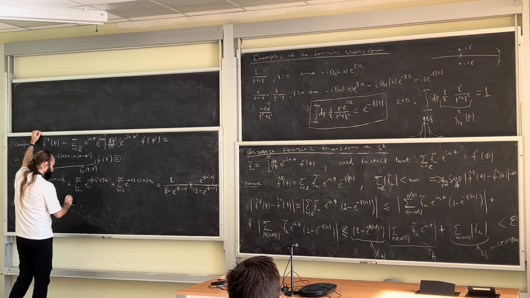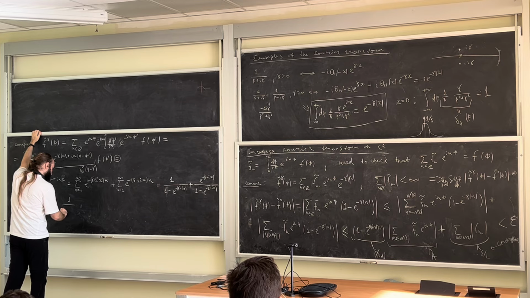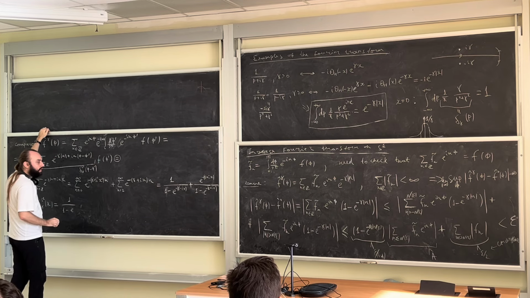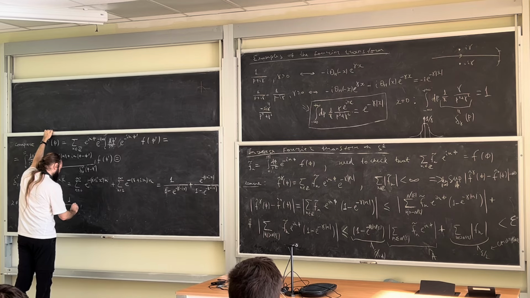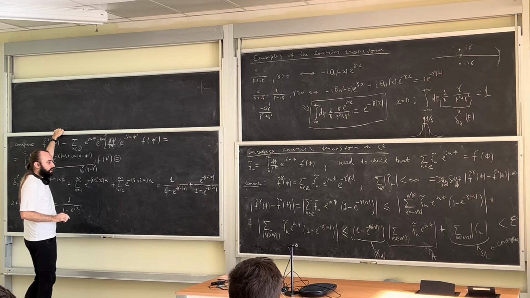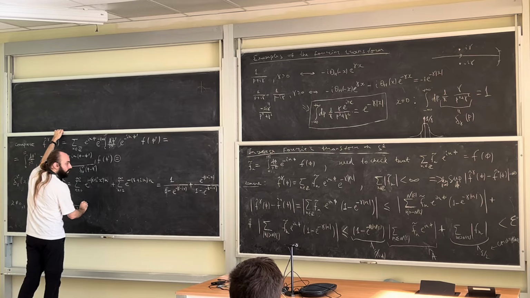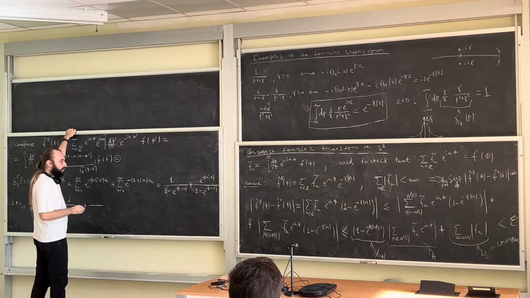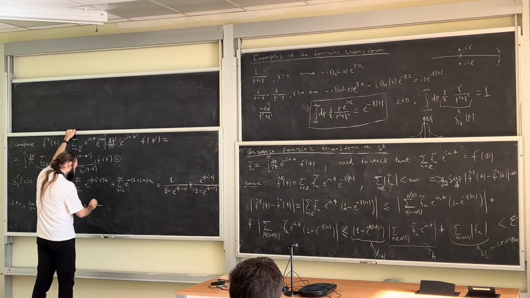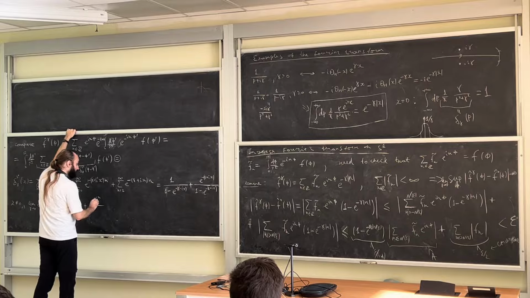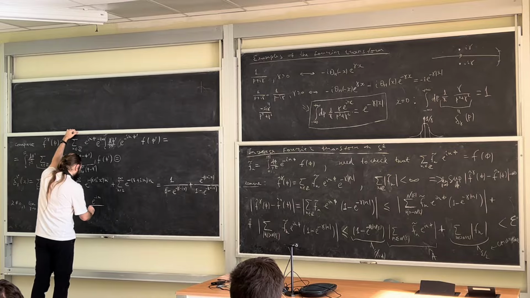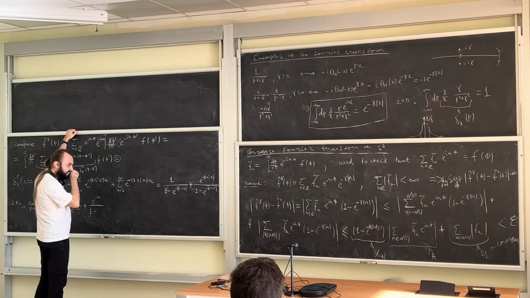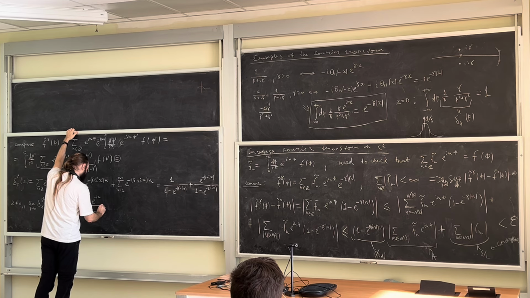So it is 1 over 1 minus e to the ix plus e to the minus ix over 1 minus e to the minus ix.